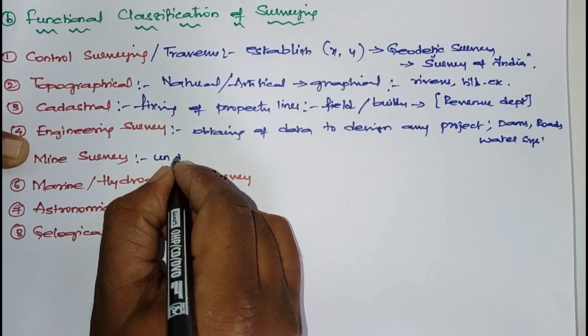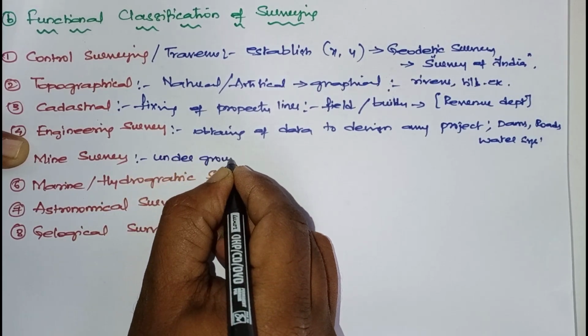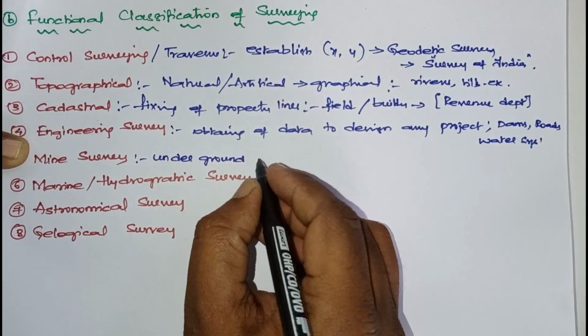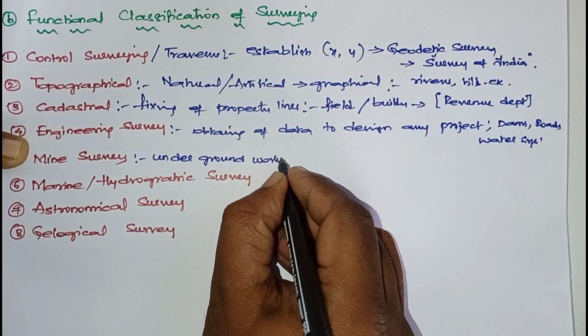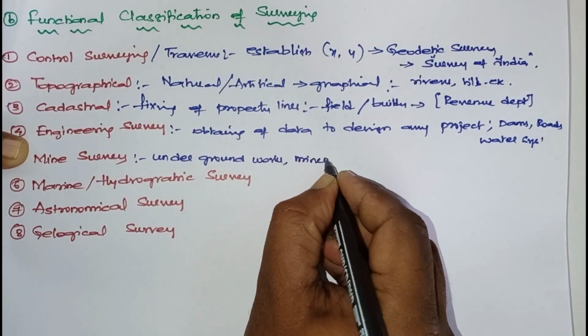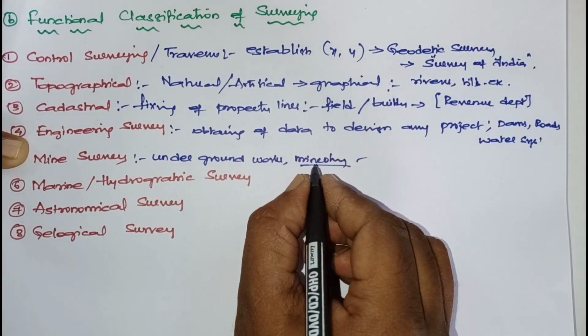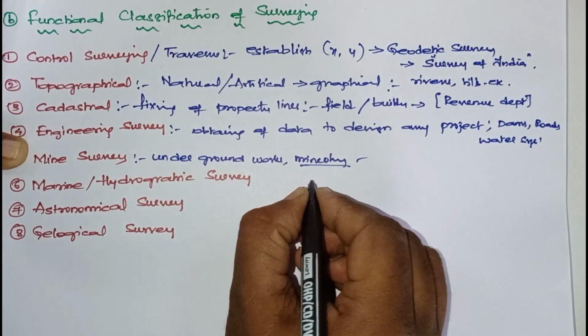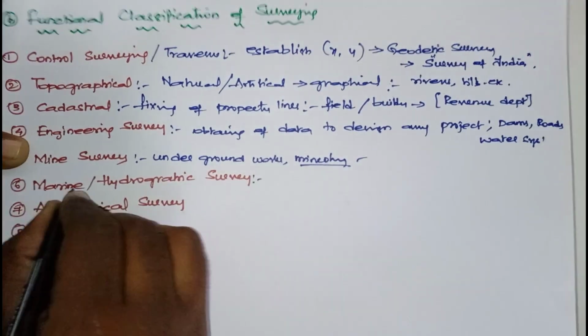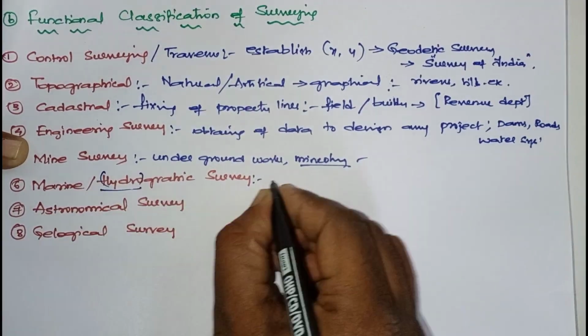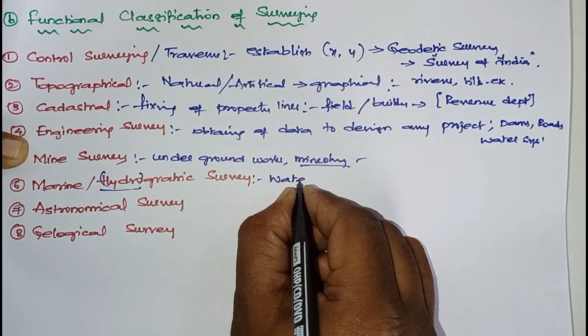Next, mine. Mining means it is underground. Underground works, just like mining. For mineralogy we go, in order to know what the mineralogy is. Next, coming to marine, or hydro, which means water: a survey performed in water bodies.